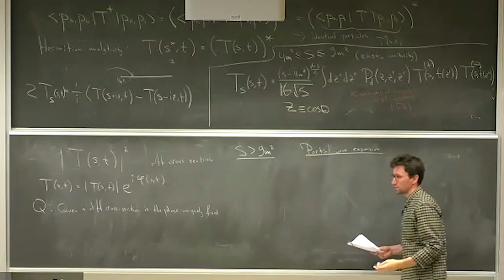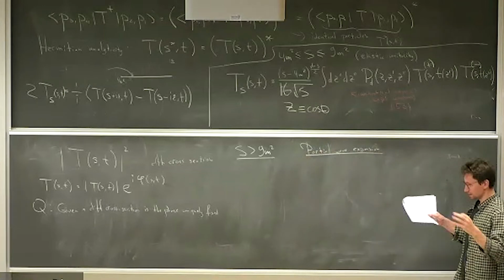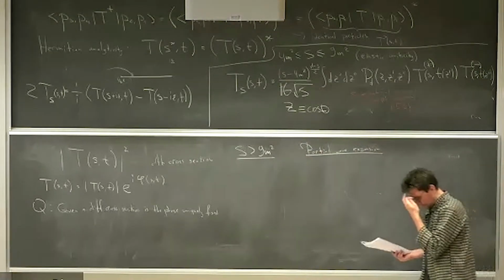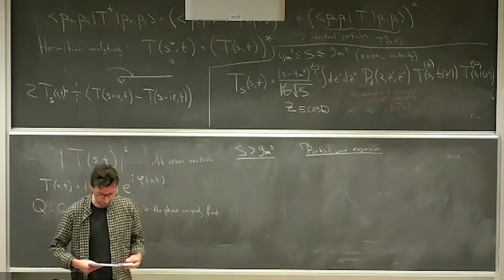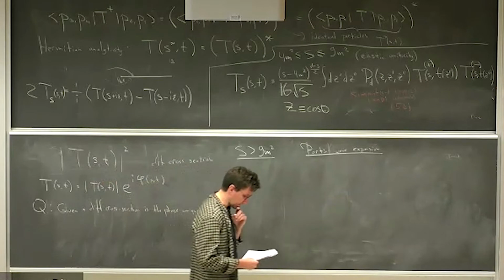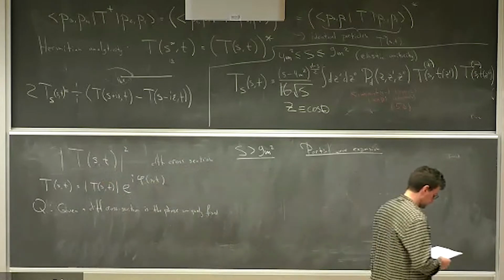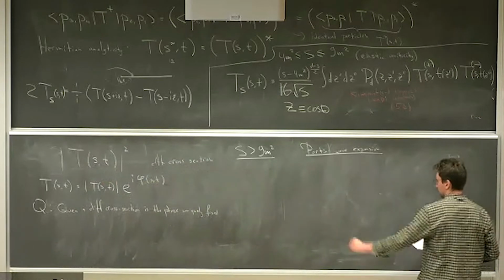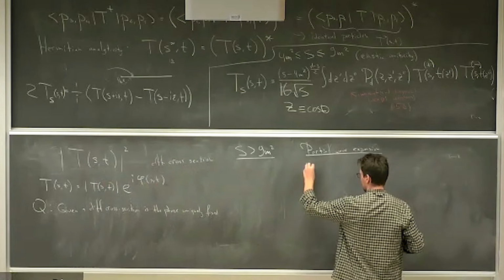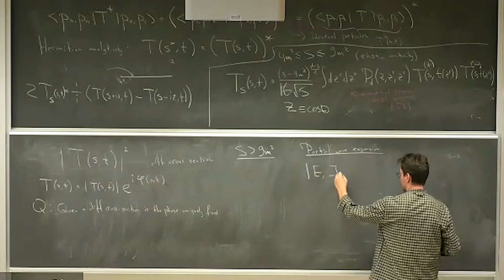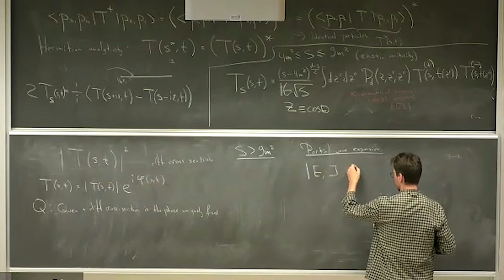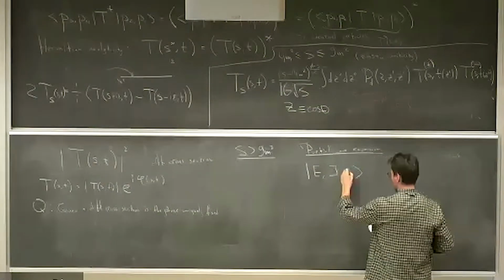You want to resolve the identity, the complete set of states, which we have in a theory, not in terms of the multi-particle states, but in states which carry some center of mass energy and angular momentum, and maybe some projection of the angular momentum on some axis.